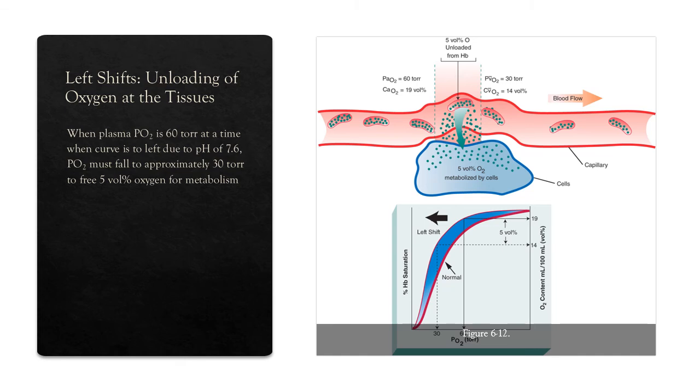When the plasma PO2 is 60 at a time when the curve is left shifted due to alkalosis, the PO2 must fall to approximately 30 torr to free that same 5% of oxygen, and that's pictured here.